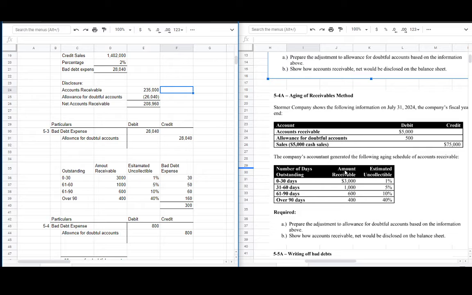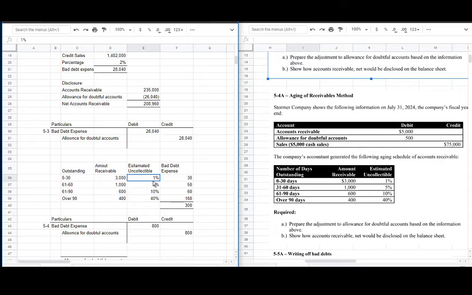Here we plug in the data, and the amounts receivable are divided by age. The 3,000 is outstanding for 30 days, and the 400 is over 90 days. We can see that the estimated uncollectible goes higher the longer the balance is outstanding. Normally collection is within 30 days, so being over 90 days means the customer may have run away or gone bankrupt, and there is nothing we can do; we cannot collect it.